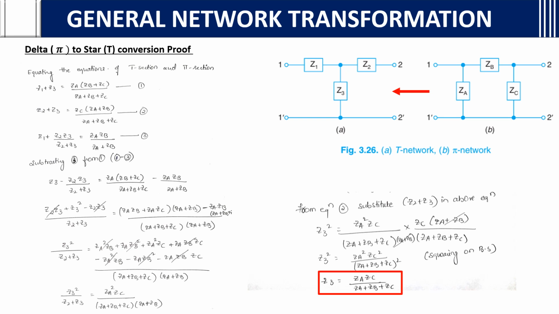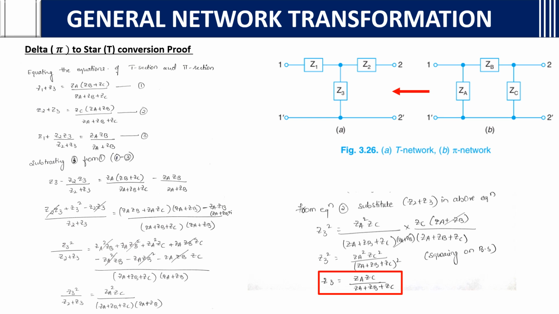We are going to equate them, like Z1 OC of the T section equals Z1 OC of the pi section. For Z1 OC of the T section we got Z1 plus Z3, and here we got ZA into ZB plus ZC, over ZA plus ZB plus ZC. The equations I mentioned in the previous slide, the table is here. Now we are going to equate them accordingly.